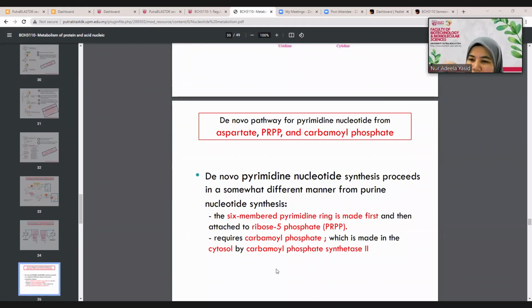What makes this biosynthesis special is that it requires carbamyl phosphate. If you remember your urea cycle, carbamyl phosphate is one of the intermediates involved in the urea cycle. So this is a very important intermediate in the pyrimidine nucleotide biosynthesis.